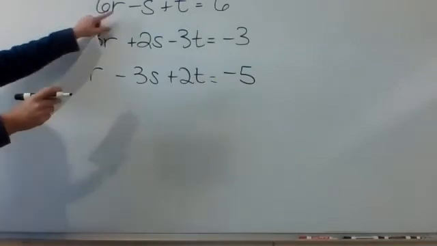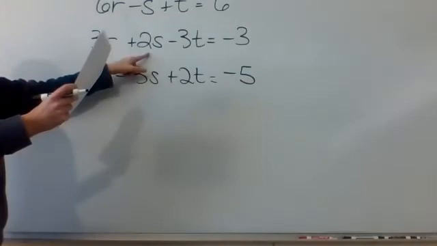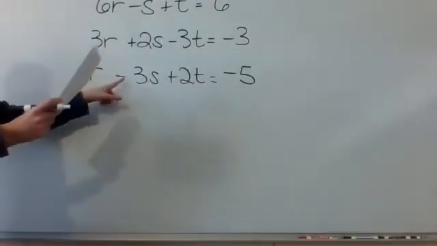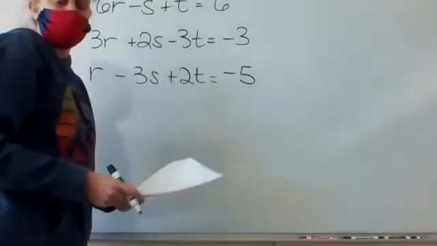So 6R minus S plus T equals 6. 3R plus 2S minus 3T equals negative 3. And R minus 3S plus 2T equals negative 5.